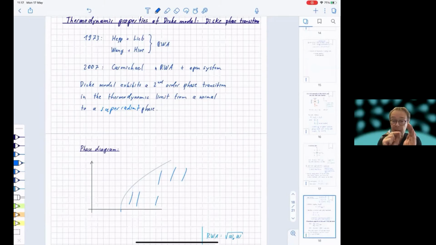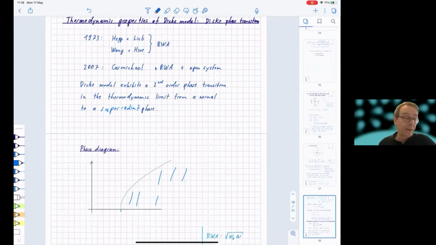Now you put a second atom in, and then the splitting gets larger, and another atom, and more, and then your splitting gets larger and larger. And at some point they thought, okay, now if the splitting is so large that it hits the ground state, at some point there will be a phase transition that you suddenly have polarized atoms and a photon in the cavity, which is quite a crazy thought.